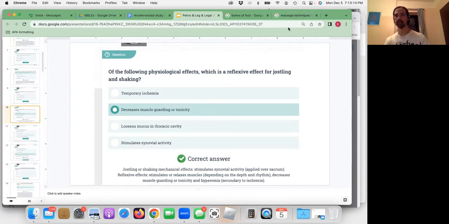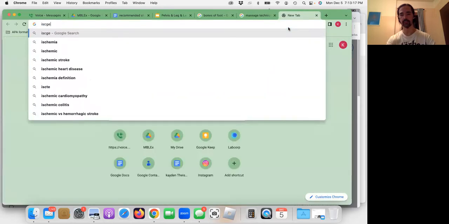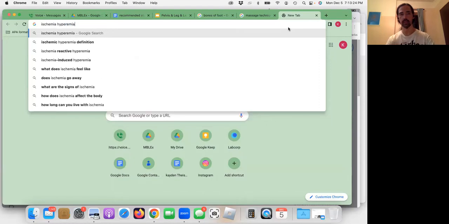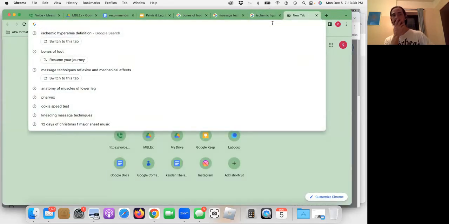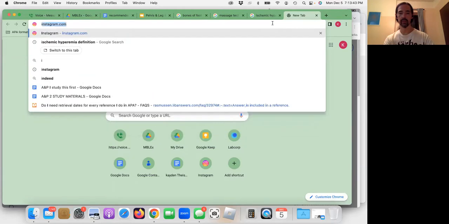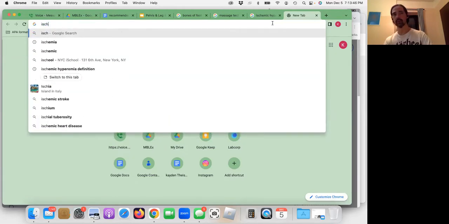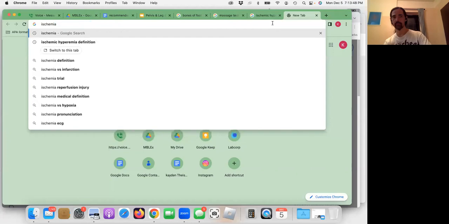So from this, let's look for a moment at the difference between the definition of ischemia and hyperemia. Can you guys just tell me what is the difference between ischemia and hyperemia? Anybody? Okay, let's look at our prefixes, right? So ischemia, I don't know what the actual prefix is on that.